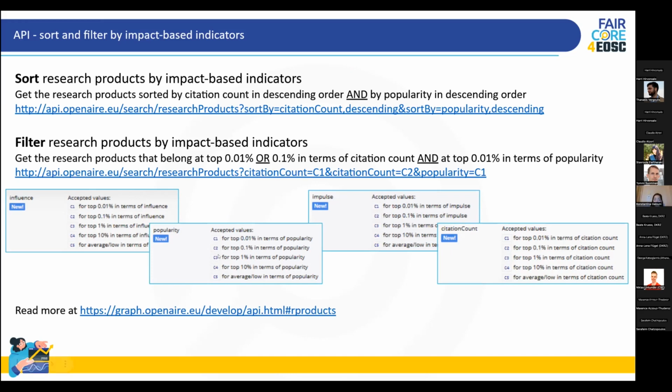As Serafim also mentioned, we have 5 classes for each one of them that we can query. You can see more at the graph.openair.eu portal.